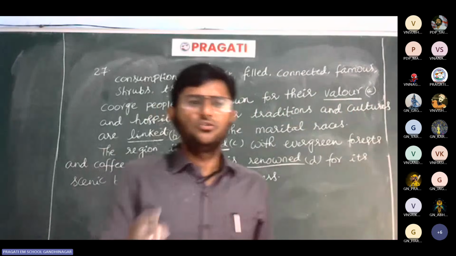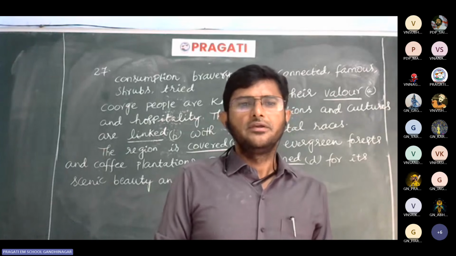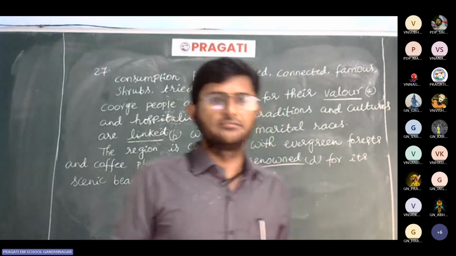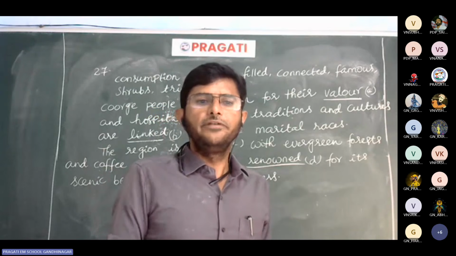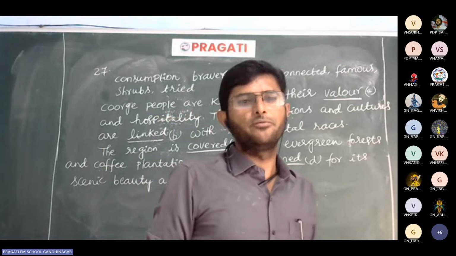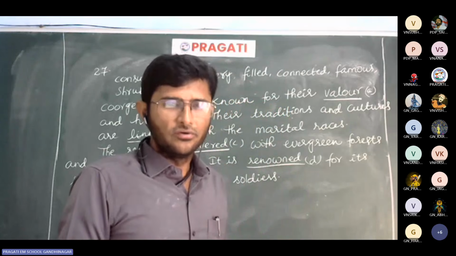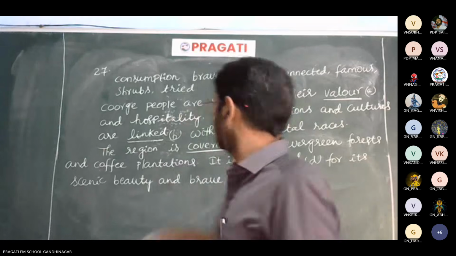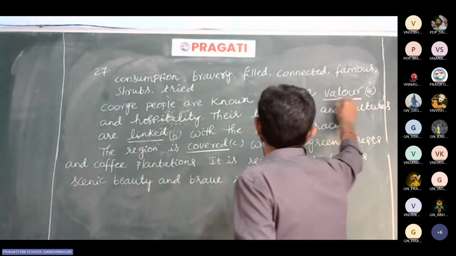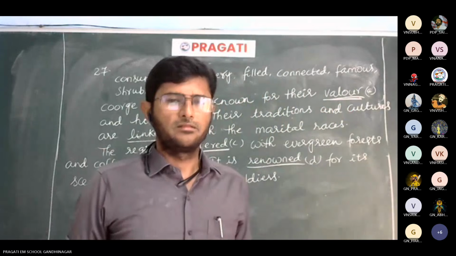Right. So there are two rules which must be remembered. The first one is if you do not know its answer, okay, so don't try to fit in some random answer. That is very, very important. Okay. For example, let us say you do not know exactly what the synonym is for valor, right? Leave it and go to the next one.